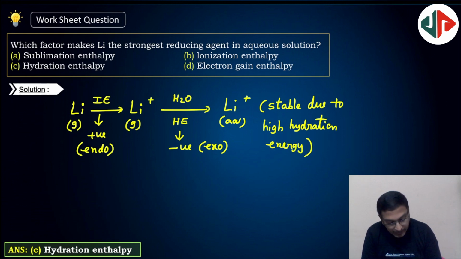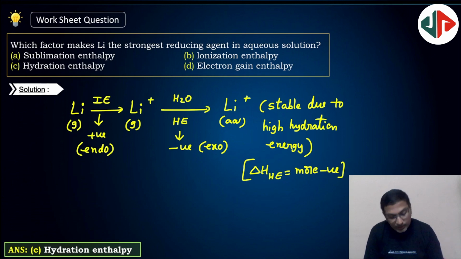High hydration energy means delta H hydration energy will be more negative value. So more negative value of hydration energy, more stable.